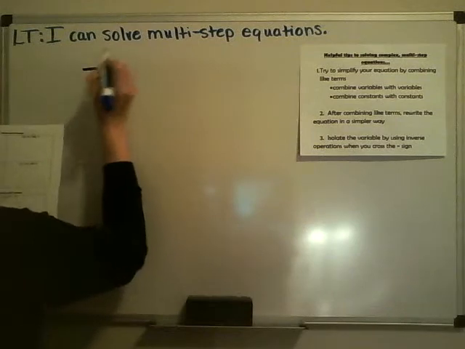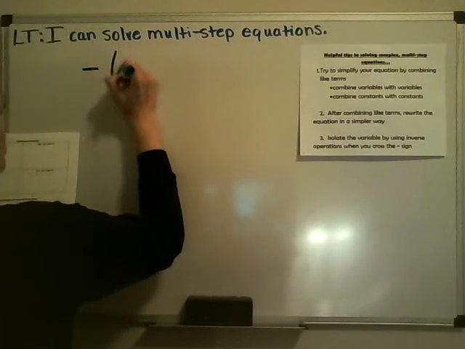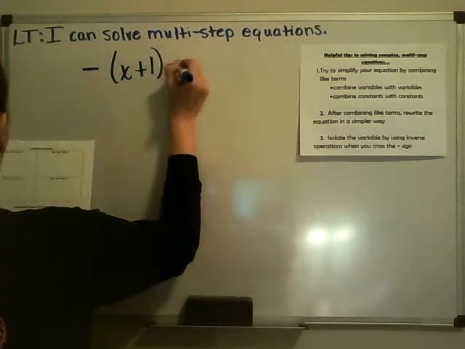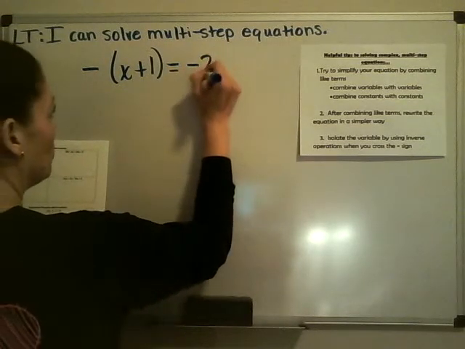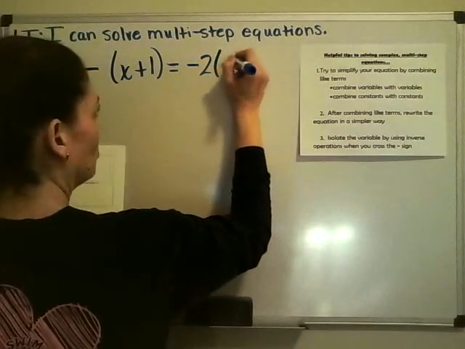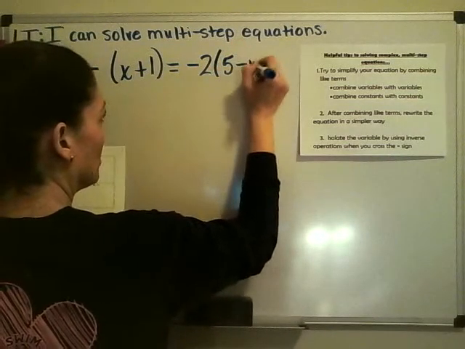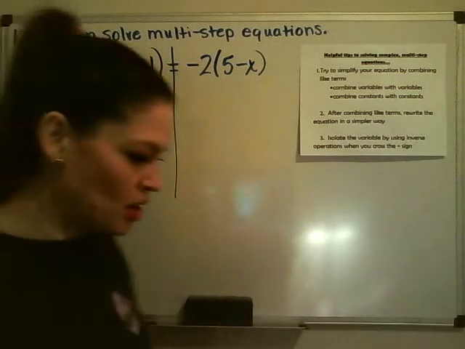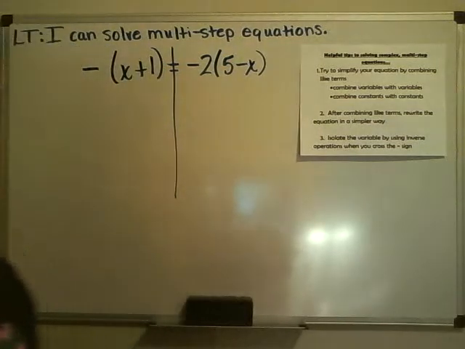all right, here we go, negative times x plus 1 equals negative 2 distribute to 5 minus x. Do you notice what I did to you here?